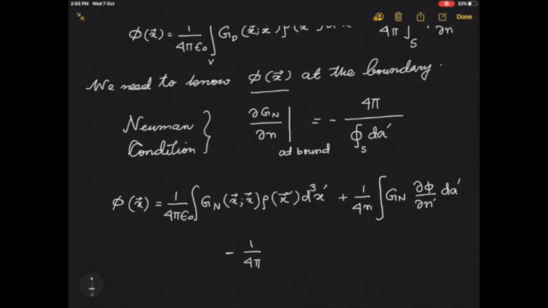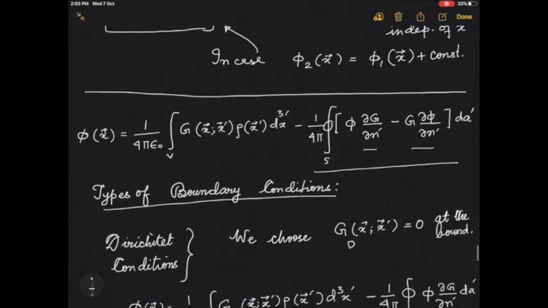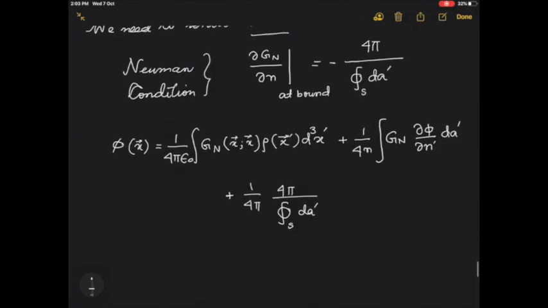See, the del G del N at the boundary is chosen to be a constant value, which I can just take out of the integral. So remember, I am writing this term now: del G del N prime is taken to be constant, so that has come out of the integral. What remains is phi dA prime inside the integral.